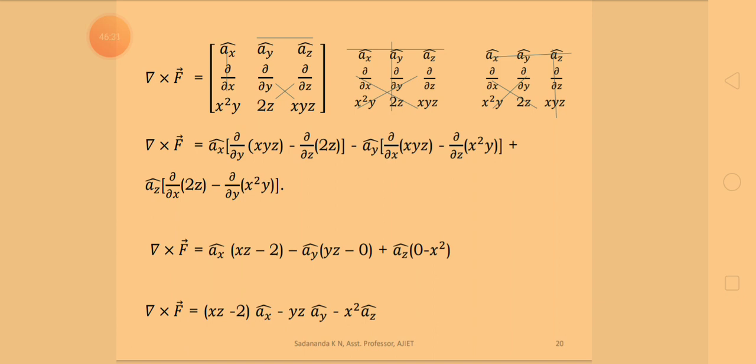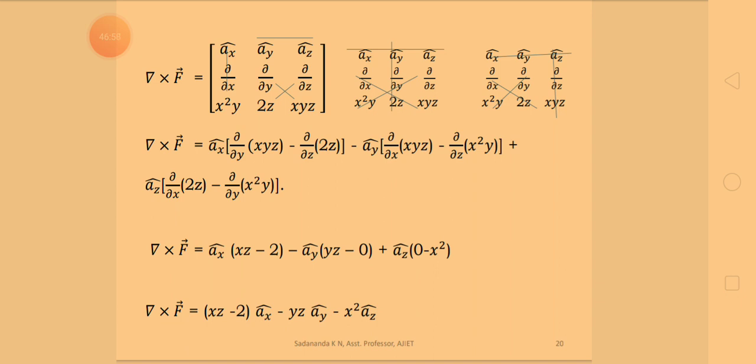The second term is always negative: minus ay cap, open bracket. You can go for the second matrix form, which is the same as the first one. Just for your understanding, I have given the second matrix. Here I put the central line, that means you are not supposed to consider the second column and the first row, where you are considering the ay unit vector.